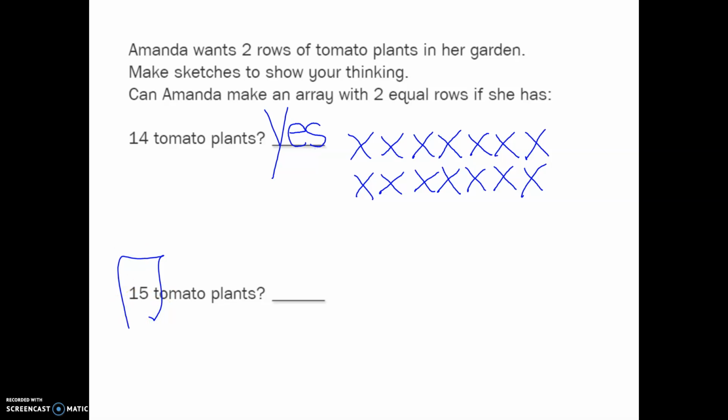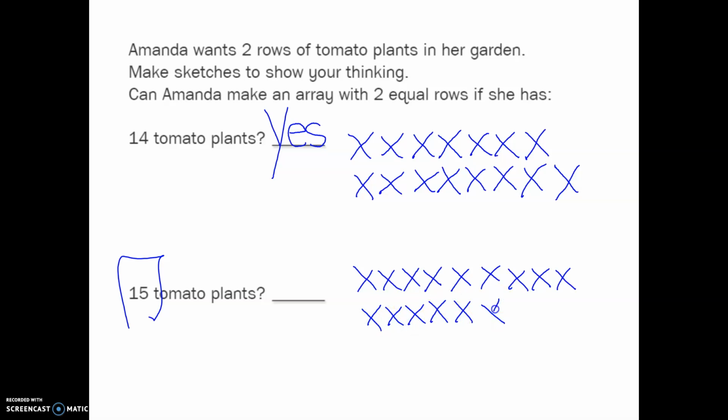What about if I have 15 tomato plants? Well, I'm just going to work with my array up here because that's 14. If I add one more, that's going to be 15. But is it equal? Are they equal rows? Well, let me try another way. 1, 2, 3, 4, 5, 6, 7, 8, 9, 10, 11, 12, 13, 14, 15. 9 in the first row, 6 in the second row.